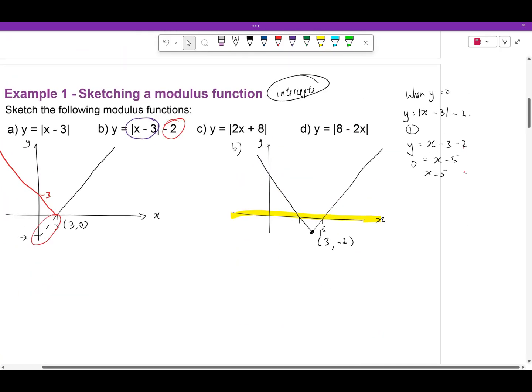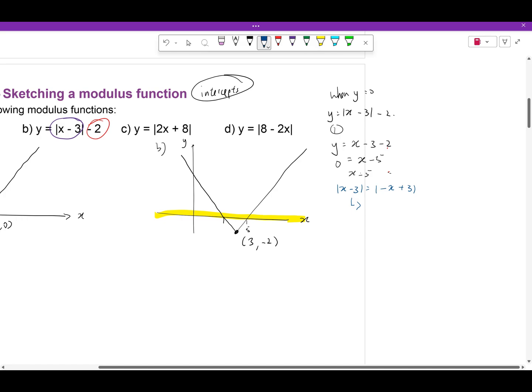In conclusion, absolute x minus 3 is the same as absolute x plus 3, because both are positive. If I break it down a bit, that results in absolute negative bracket x minus 3, which is the same as this.